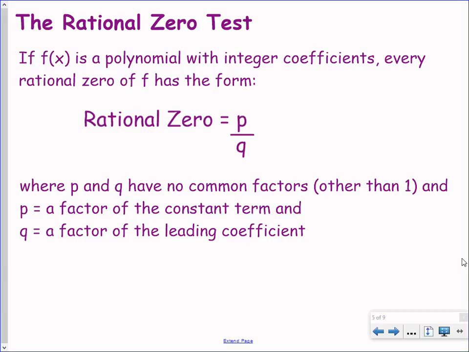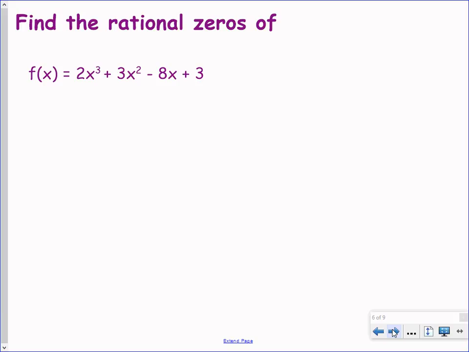This is great because if I don't give you hints as to like verify this as a factor or knowing this is a zero, you can now find all the zeros of a polynomial using the rational zero test. So we're going to see an example where we do that. I'm going to give you a polynomial f of x, and then I'm just going to say, find the rational zeros.